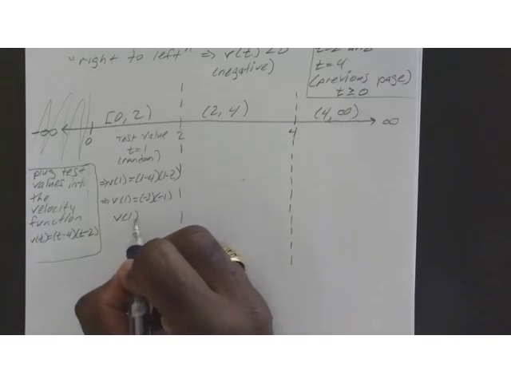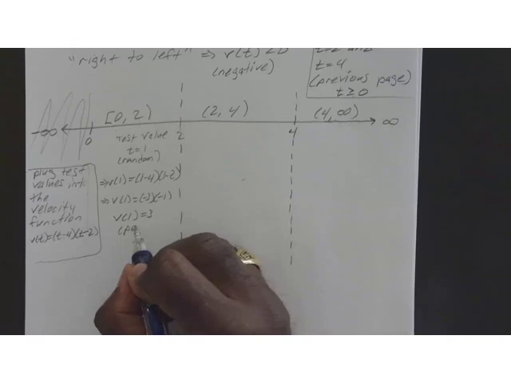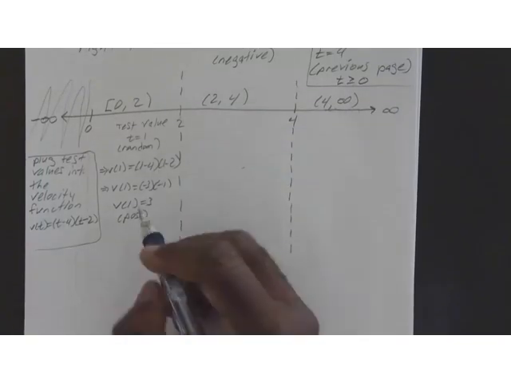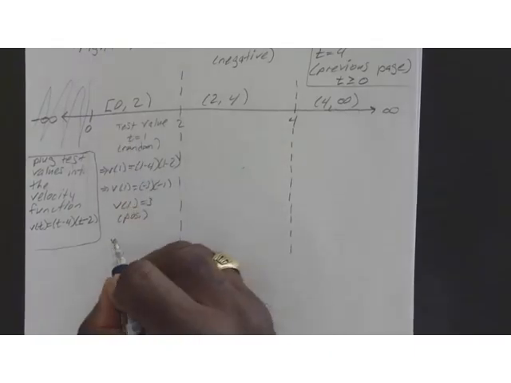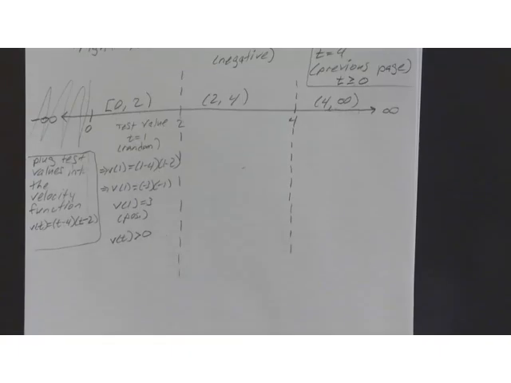So our velocity at 1 second is just equal to 3. We don't really care about the actual value. We just want to know whether it's positive or negative. So for this interval, our velocity is greater than 0, so we know it's going left to right.